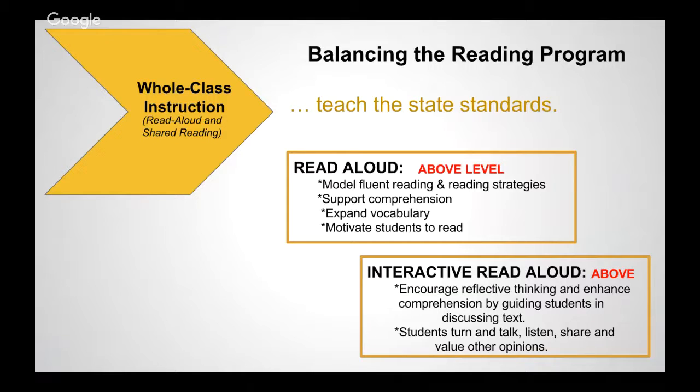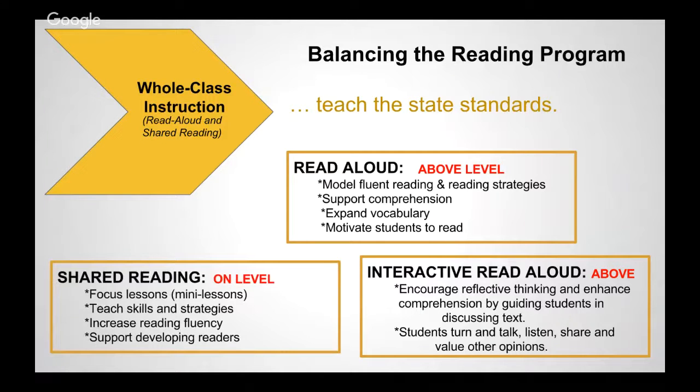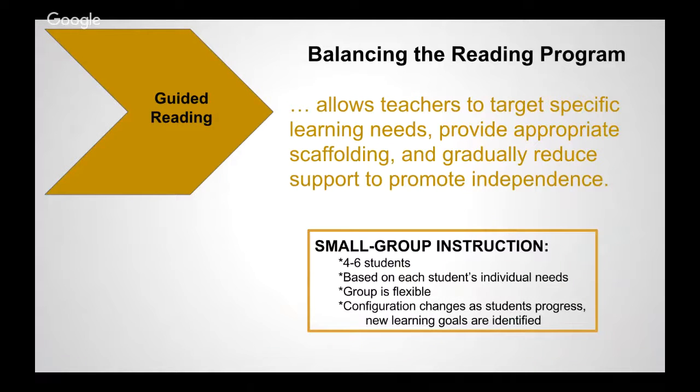Interactive means we're stopping and engaging the kids in discussion and reflection a bit more, but both of those are above level. The shared reading is always teaching the on level. That's your reader's workshop, the shared reading. Again, looking at the strategies and things that can support readers.